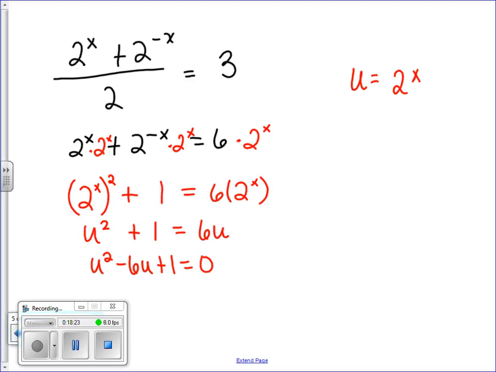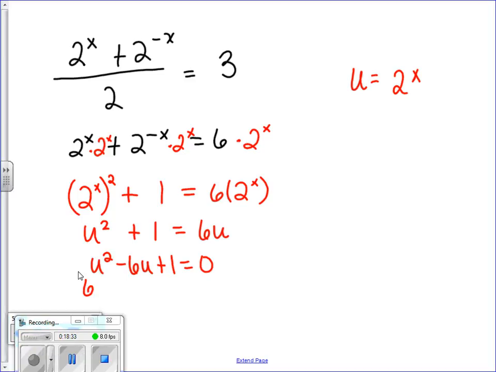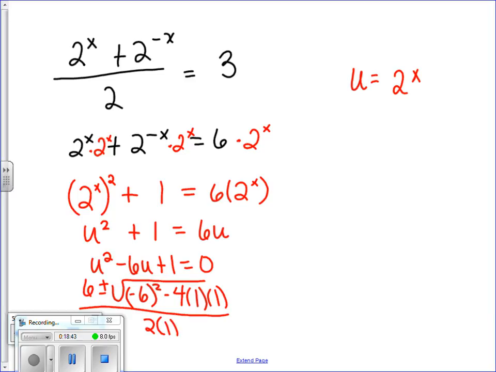You have to use quadratic. Alright, so negative b plus or minus the square root of b squared minus 4 times a times c, all over 2 times a.